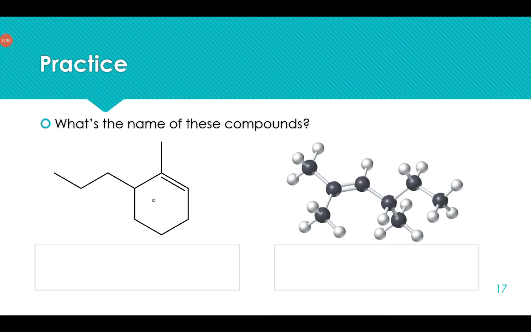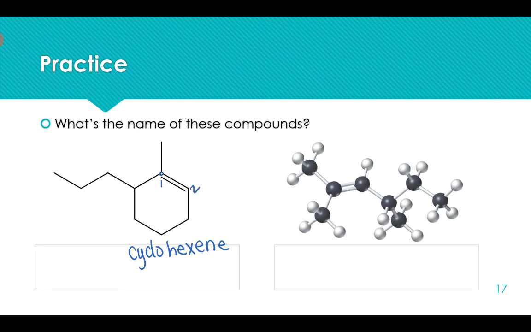Okay, so here we do have a cyclohexene, that's a hexagon. My choices for numbering are either to make that a 1 and that a 2, which would give this methyl group a carbon number 2, or I could number it where that's a number 1 and that's number 2.